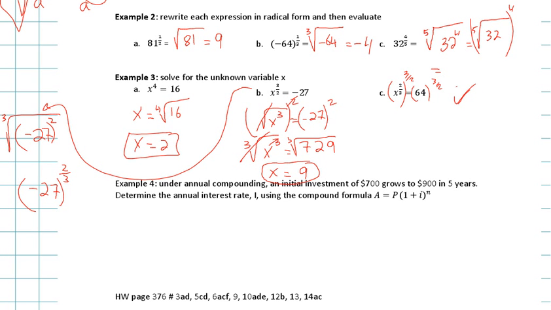So I do 64 to the power of 3 over 2 and done. I don't do the step by step. If you want to do the step by step, that's totally fine, but I would like you to be aware that there's an easier way: you raise it to the power of the inverse, the reciprocal.